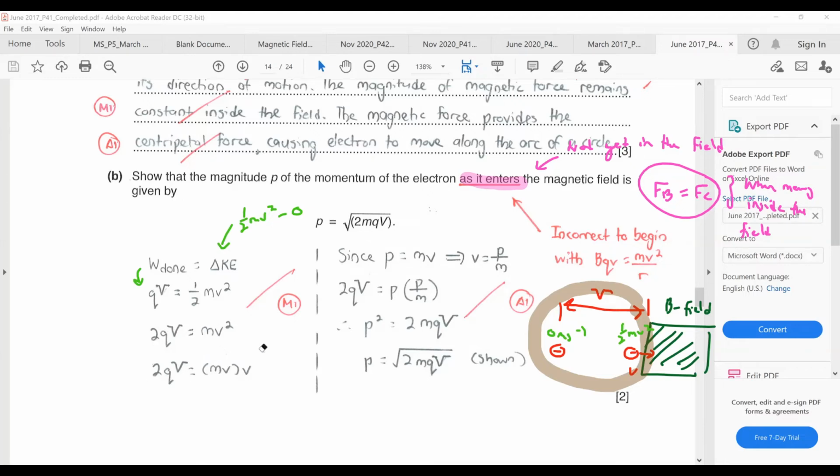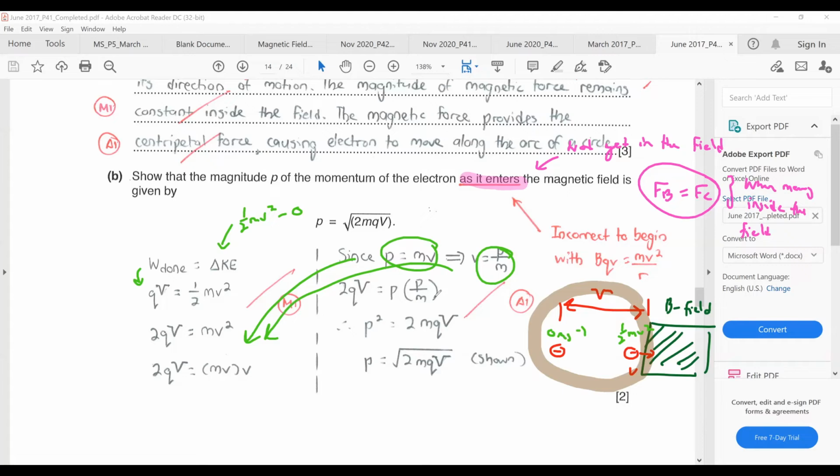Then after that, you want to express it in terms of momentum, right? So you break this out into momentum. You get mv times v. Since momentum is mv, v is p over m, you sub this into your equation, and this is what you get.